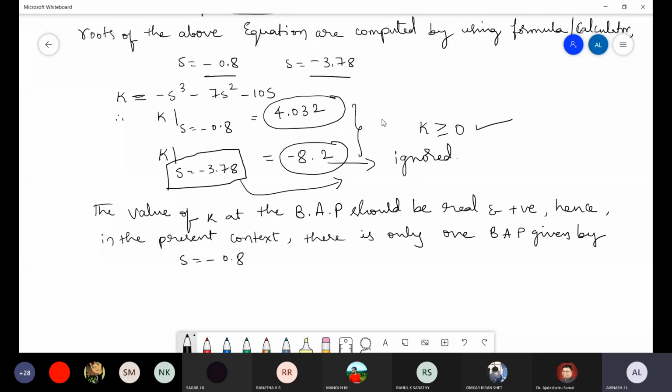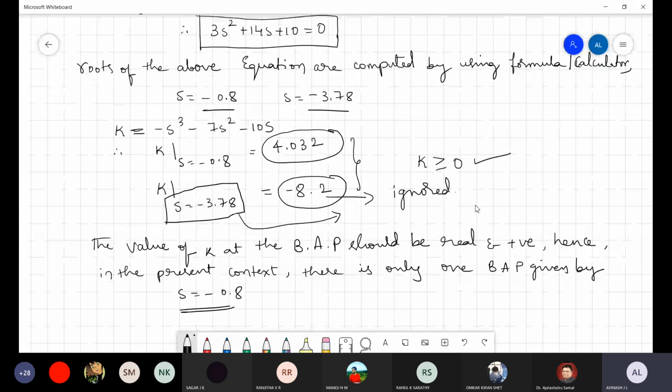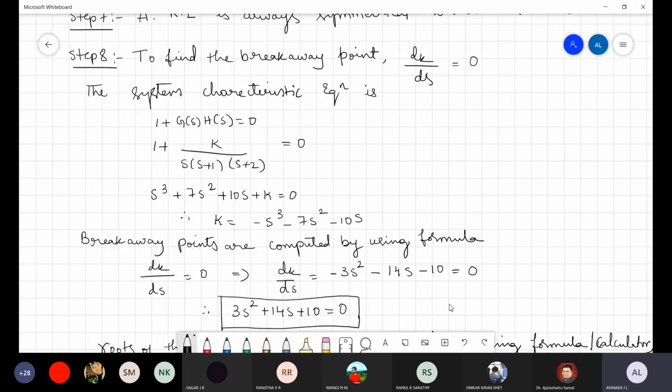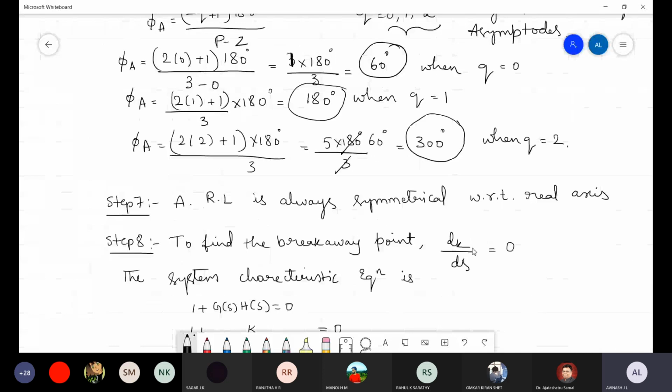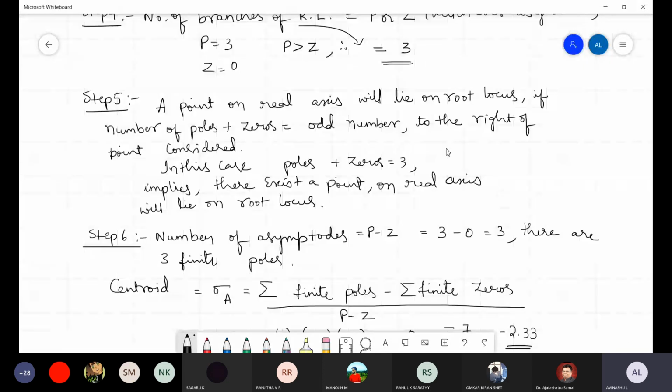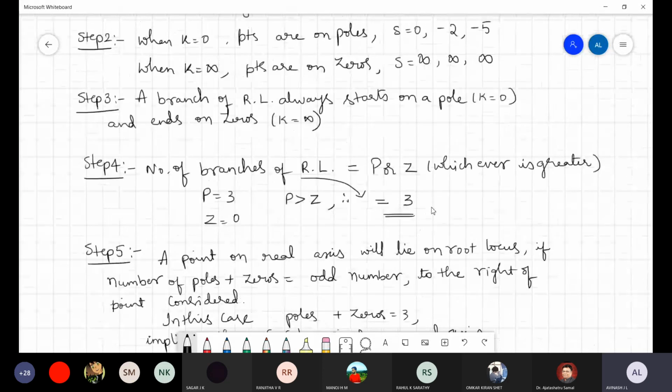Okay. So there is another step, step number 9, and later we have to plot that particular root locus. That we will take care of in the next class, because at 12:50 we need to end the class, and it is 12:42 or 43 now. So if I recall the things I have discussed today, we can go through this particular numerical. Okay, from the beginning I will go through it.